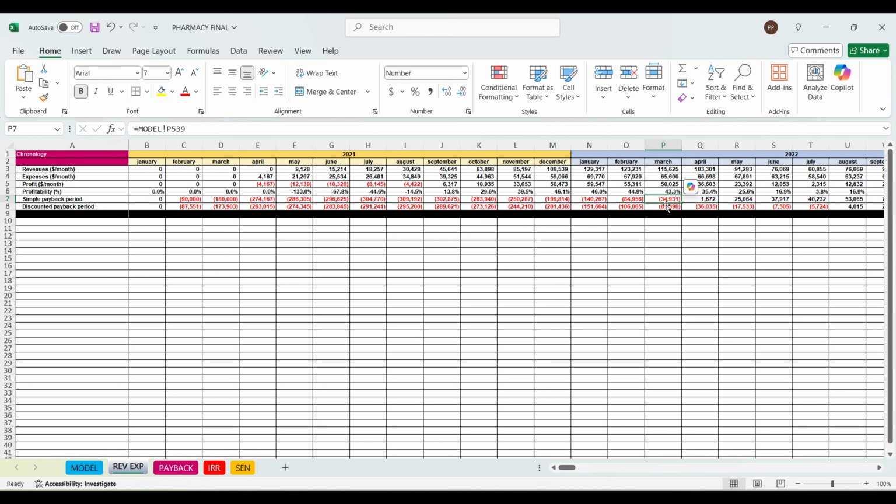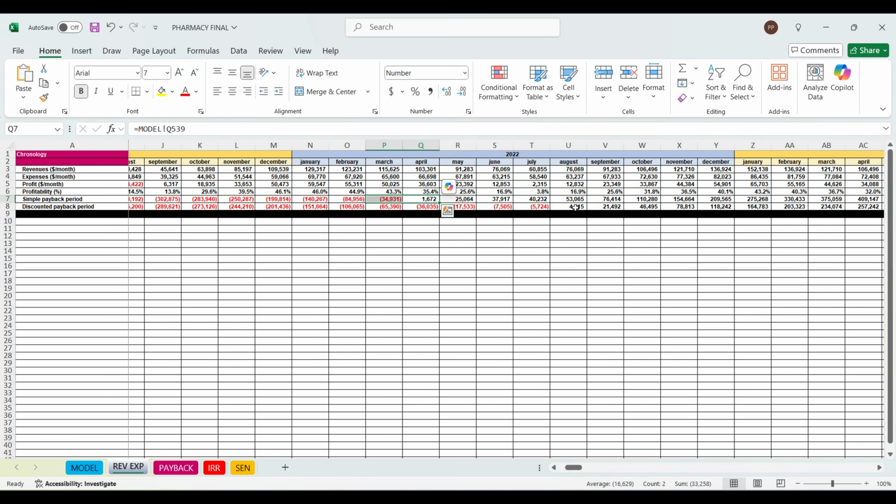We're able to see when negative turns positive. This is the moment when this is showing us when the project has generated the same amount of money that was invested in it. This is the moment for the simple payback period. This is the moment for the discounted payback period.